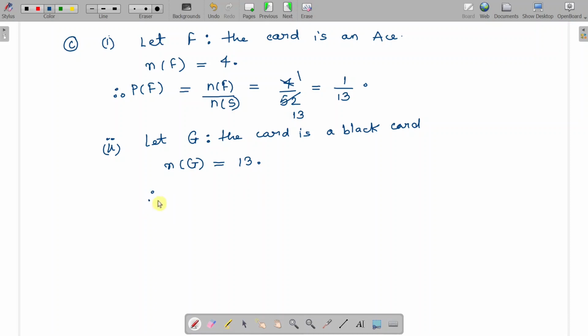So therefore the probability of G is equal to n of G divided by n of S. So this is equal to 13 by 52, which is nothing but 1 by 4, right? Okay, so this is the answer.